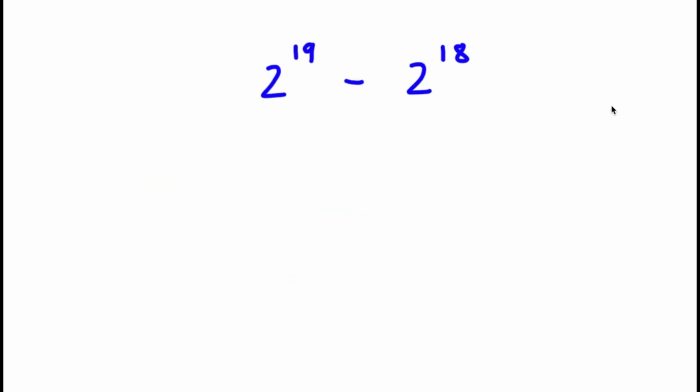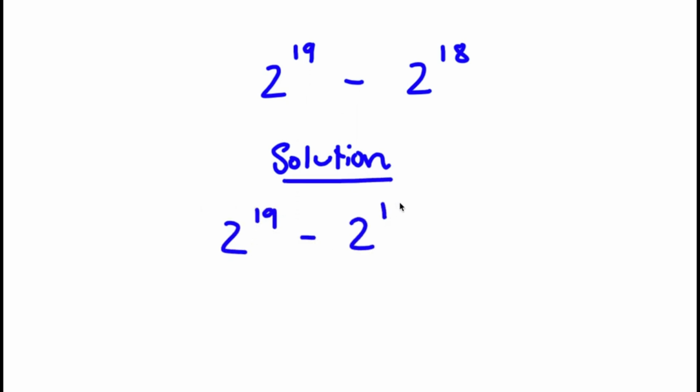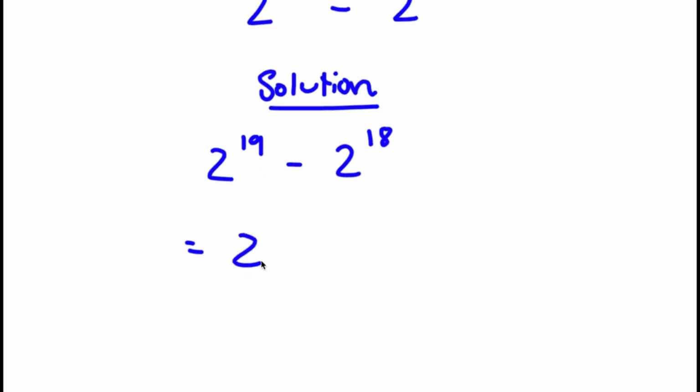Alright, so in this problem I have 2 to the power of 19 minus 2 to the power of 18. So for my solution, first start with 2 to the power of 19 minus 2 to the power of 18. Now 2 to the power of 19, this is the same thing as 2 to the power of 18 plus 1.